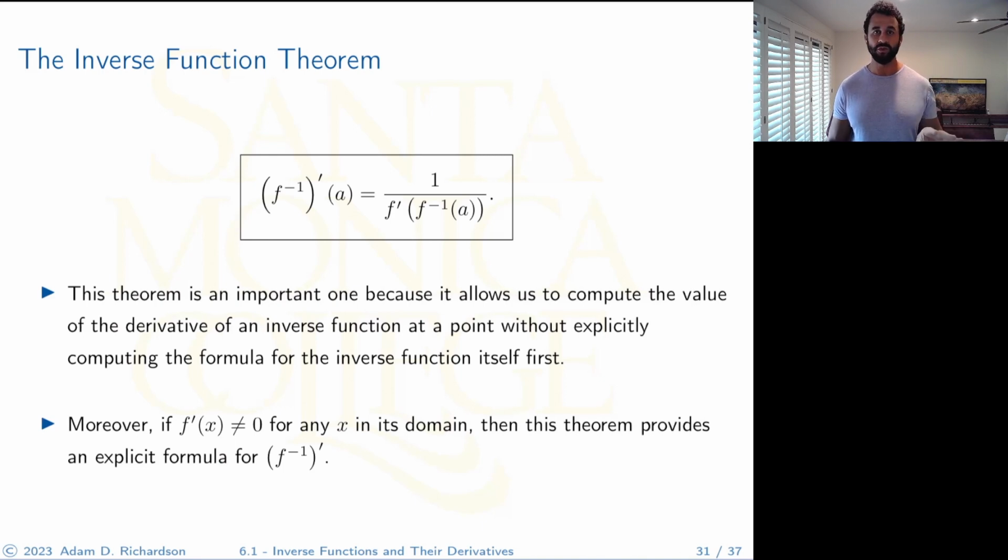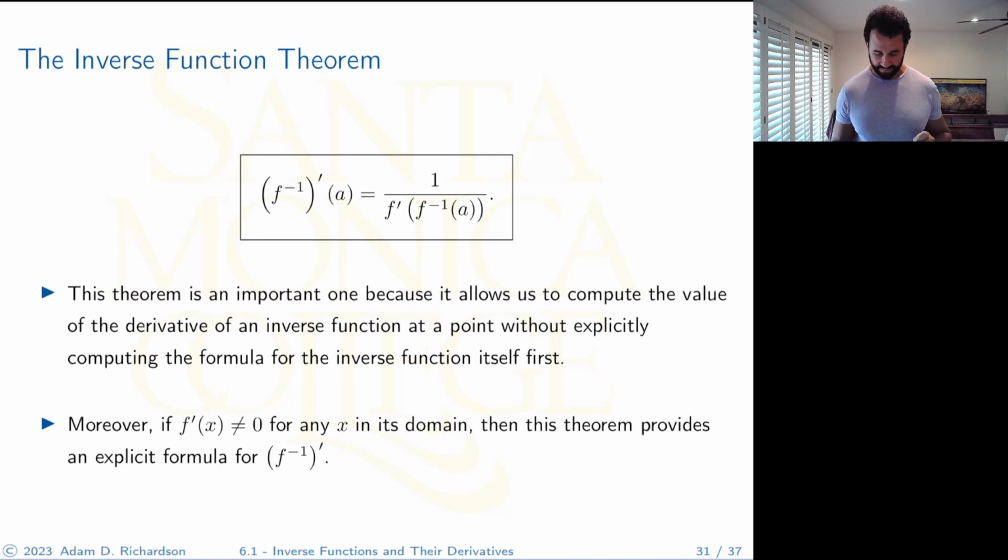That's a powerful tool because if you don't have to go through the inversion process to get a result, that would save us a lot of pain. You just have to know the value of the inverse at a point, maybe even by inspection, just inputs and outputs, then you can compute the value of the derivative of the inverse at that point.